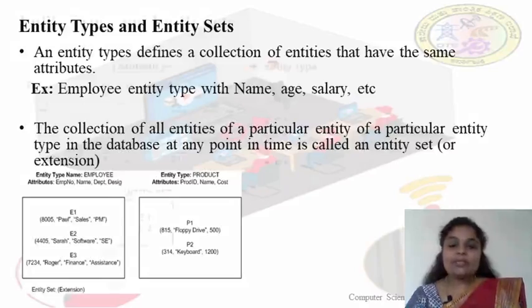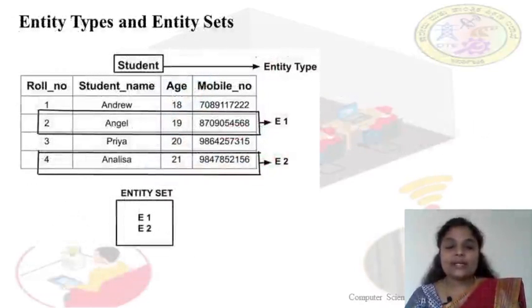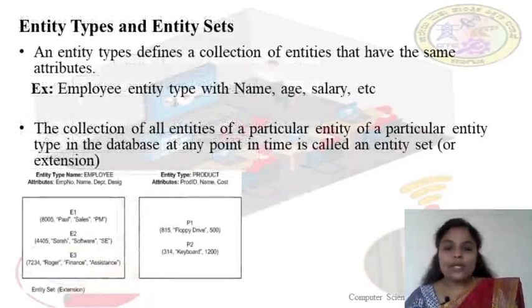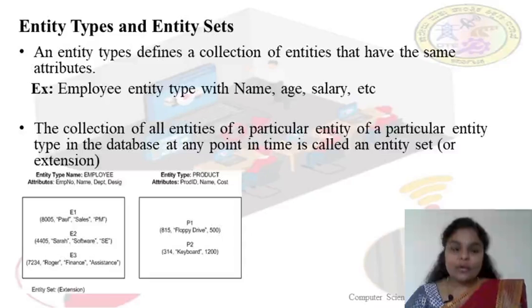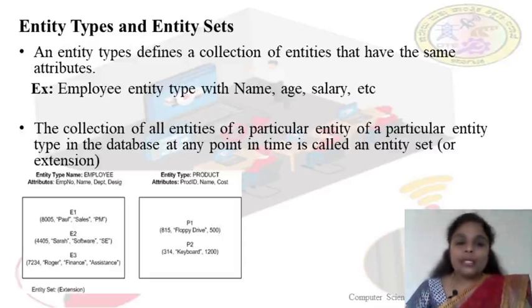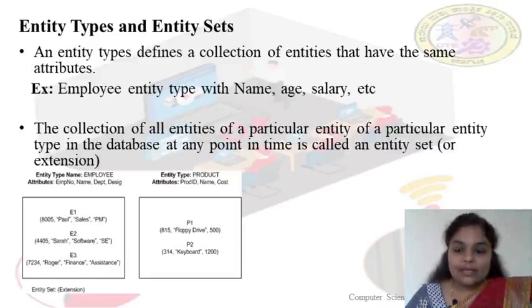In this figure, student is an entity type which has roll number, student name, age and mobile. Yesterday we discussed employee, an entity type which has name, age, salary, etc. I hope that's clear: the meaning of entity type is a collection of entities that have the same attributes.